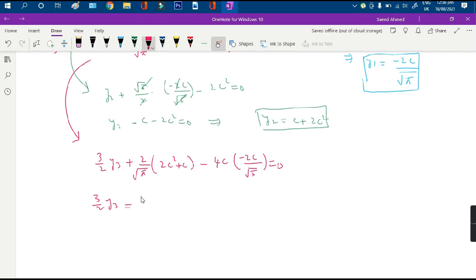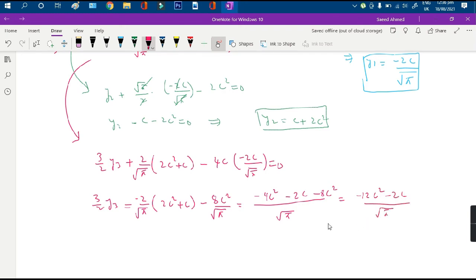This becomes 2 over square root of pi into 2c square plus c, and then minus 4 times 2, 8c square over square root of pi. So I can take the LCM, which is square root of pi, and here it becomes minus 4c square and minus 2c and minus 8c square, which is minus 12c square minus 2c over square root of pi.